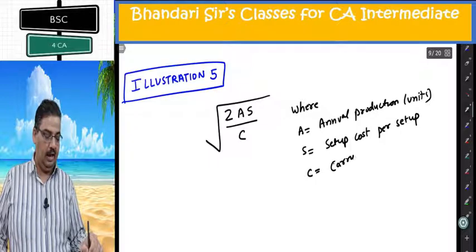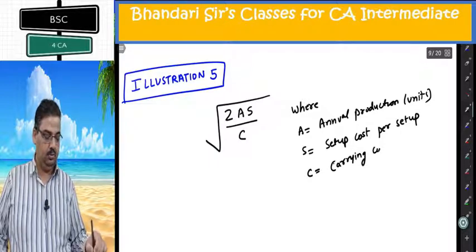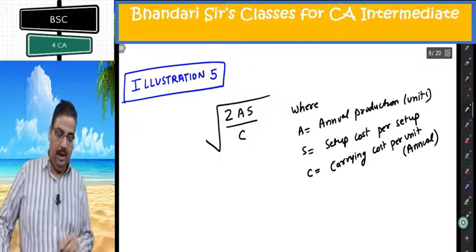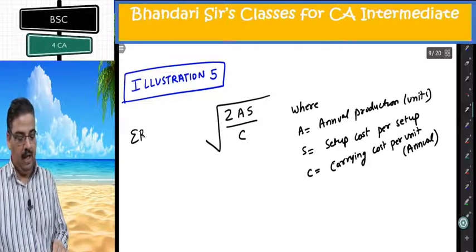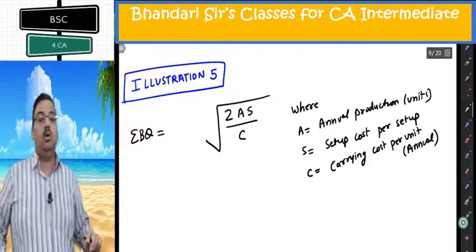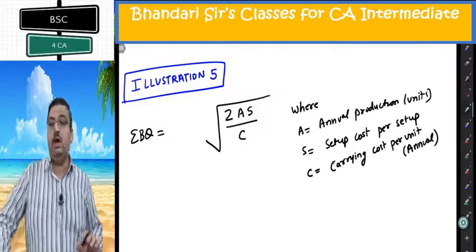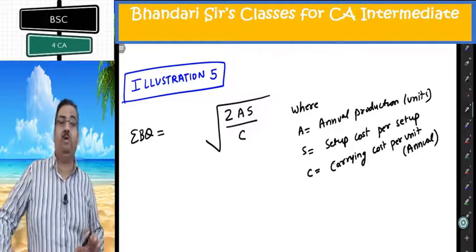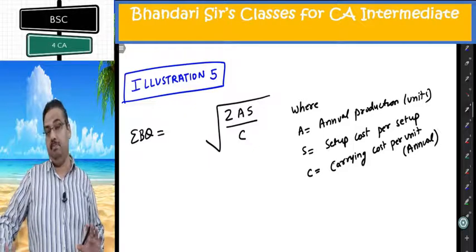C is carrying cost per unit (annual). If you can apply this, you will get economic batch quantity, which is the quantity at which total of setup cost and carrying cost for a period is minimum.